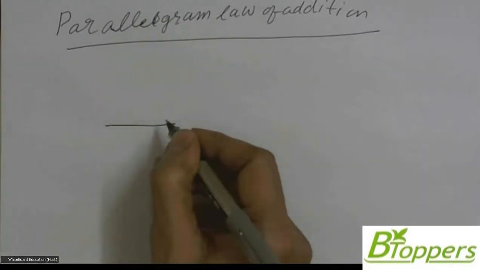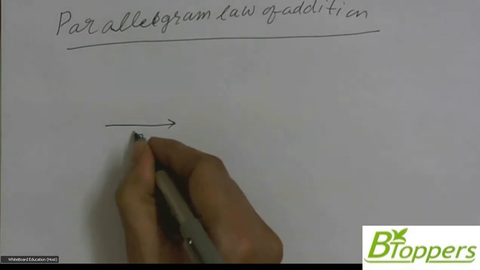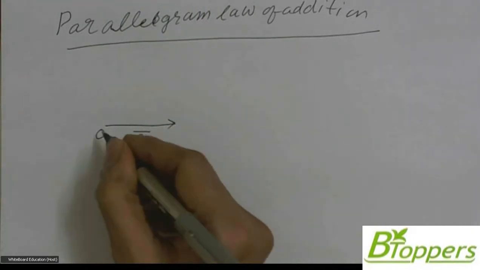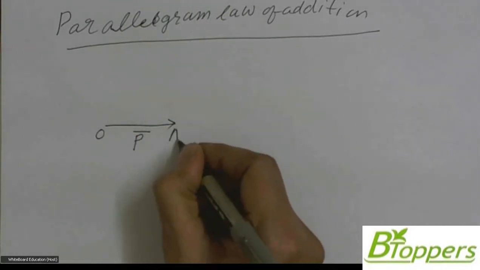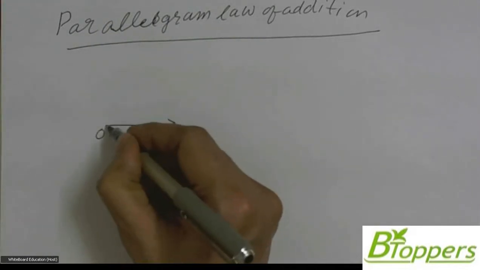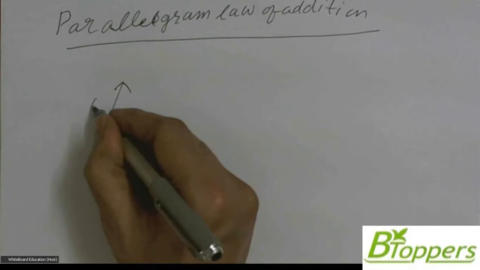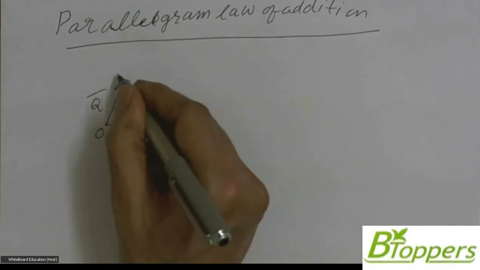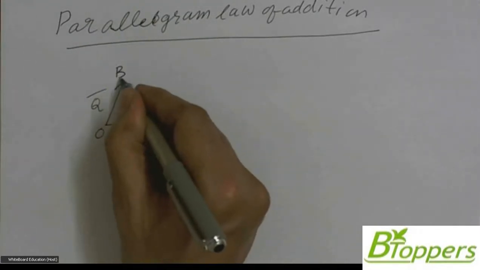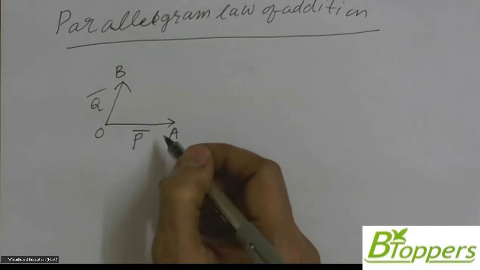Let us suppose a vector P bar is represented graphically by the directed line segment OA bar, and another vector Q bar is graphically represented by the directed line segment OB bar.